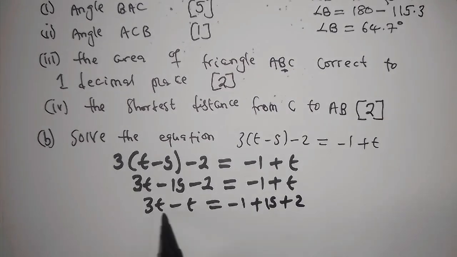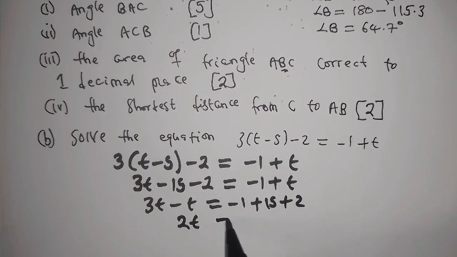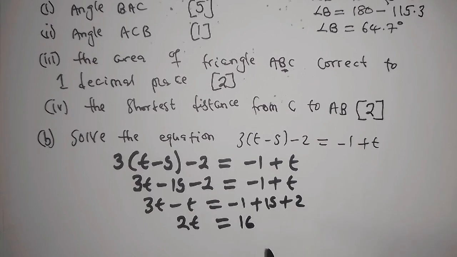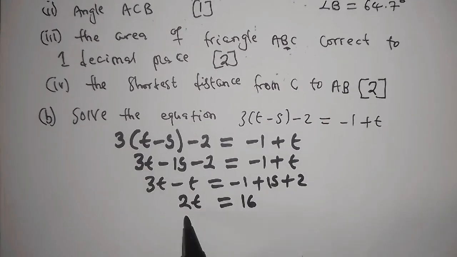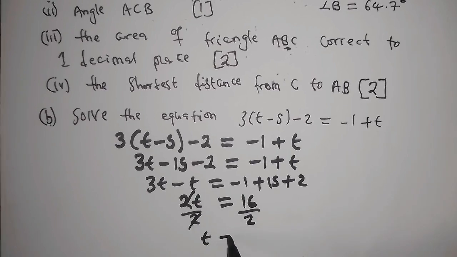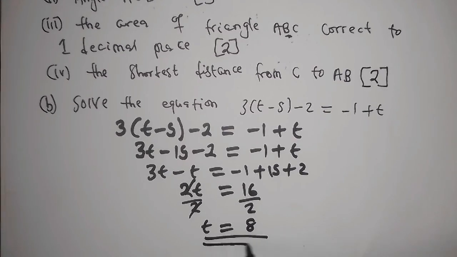So 3t minus t is just 2t, equals 15 plus 2 is 17, minus 1, 16. So you divide both sides by 2, and this is going to be 8. So this is the answer for that question B.